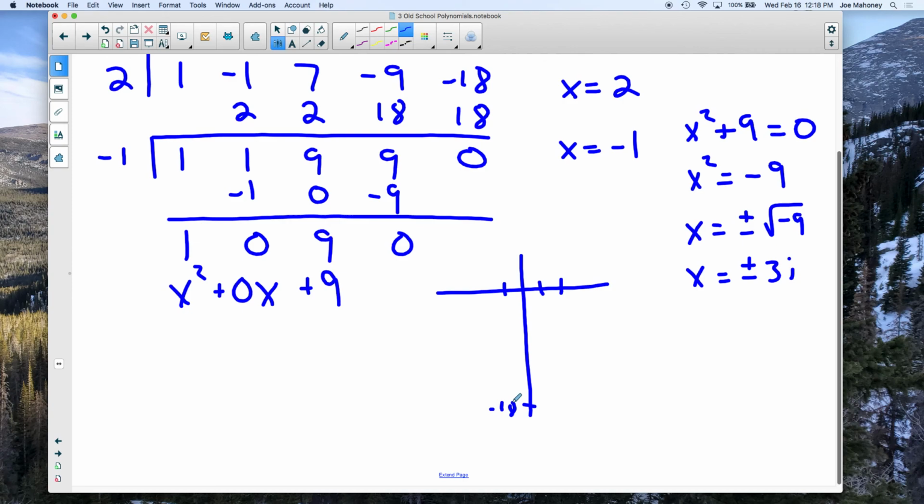So this is going to kind of look almost parabolic-ish. It's going to come down, it's going to go through there, it's going to go back up there. That's about the best I can do right now. The imaginary roots don't really play a role in the graph of it, but they are roots of the answer. They are solutions.